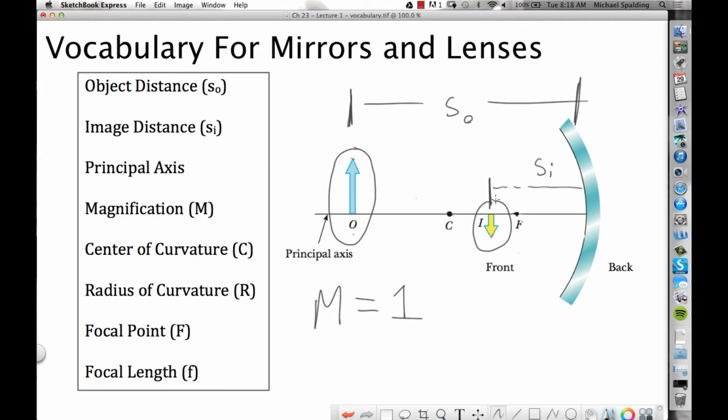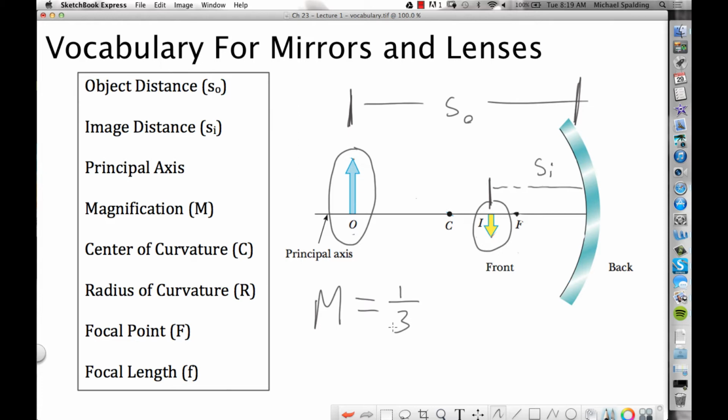Which one is bigger by far? The object. The image is smaller. Just to ballpark it, this would be a magnification of about 1/3. So what does a magnification of 1/3 tell us? The image will be 1/3 the size of the object.